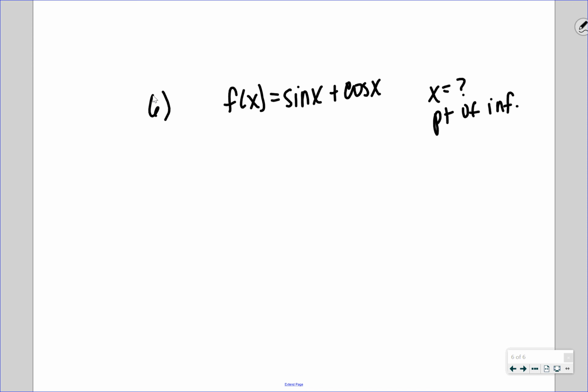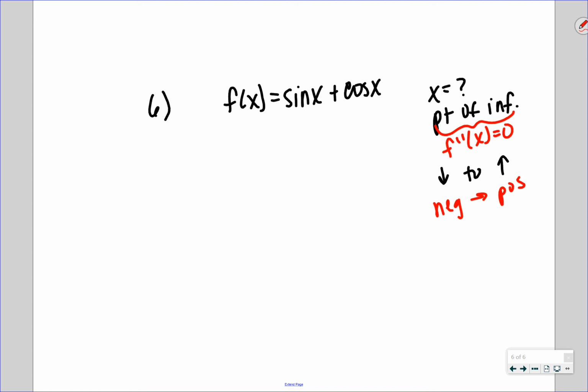So concave down to concave up. First of all, point of inflection, I'm going to find that by second derivative equal to 0. Down to up would be from negative to positive in that second derivative. So I'm going to have to derive this twice. Trig, our favorite.